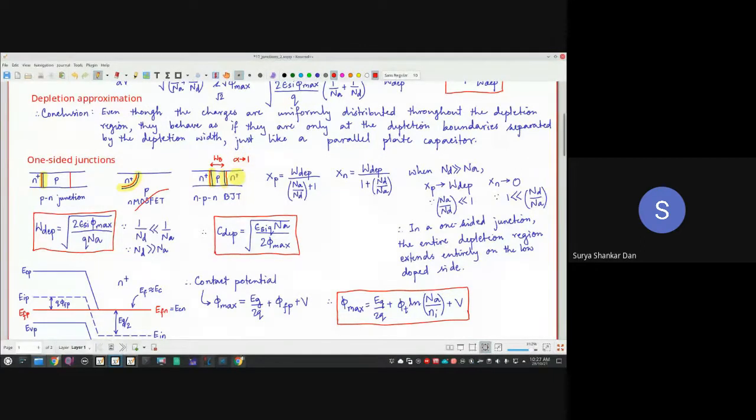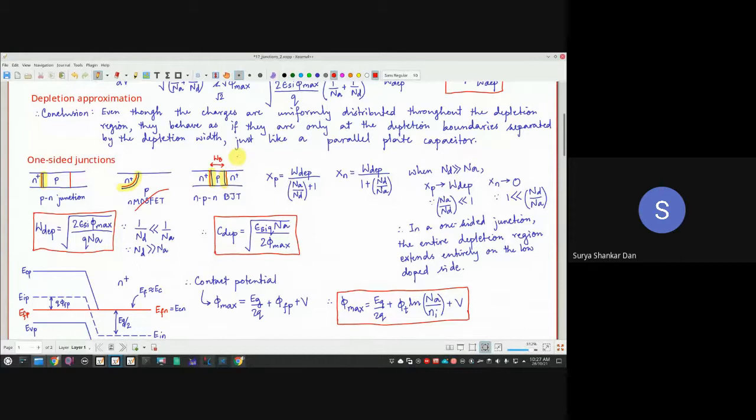That means you will have a better and better BJT. We will understand BJT later, but the basic concept remains here. We will study this as a narrow base junction in our next lecture.